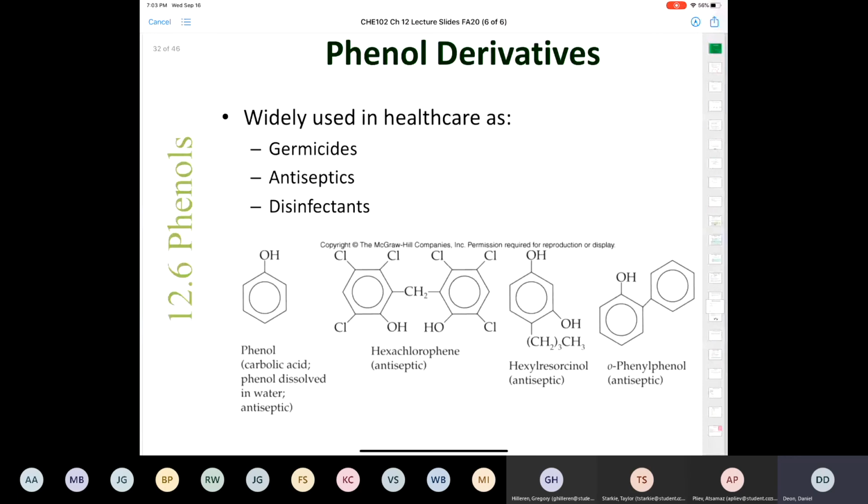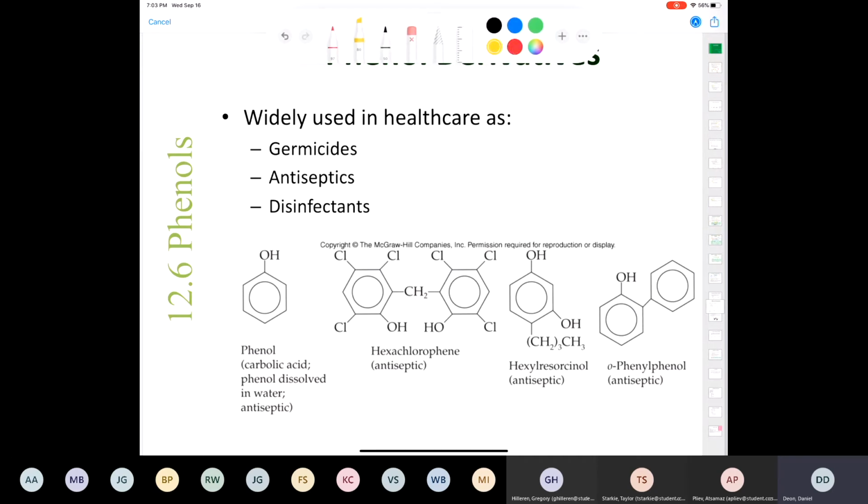There's all kinds of phenol derivatives. I'm not really going to quiz you on memorizing the names of any of these. I've never done it before, so I'm not going to start now. You see that here we have a phenol, and this molecule, hexachlorophene. This is called hexylresorcinol here. It's an antiseptic. Orthophenol here. Anyhow, these are widely used as disinfectants and antiseptics, germicides.